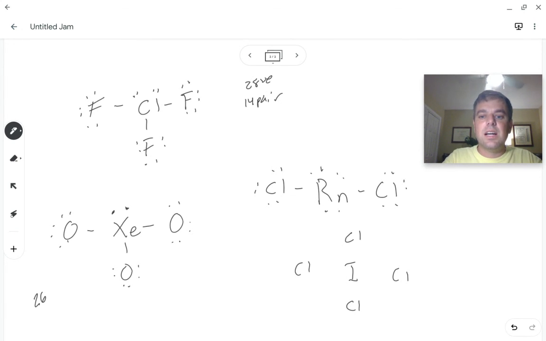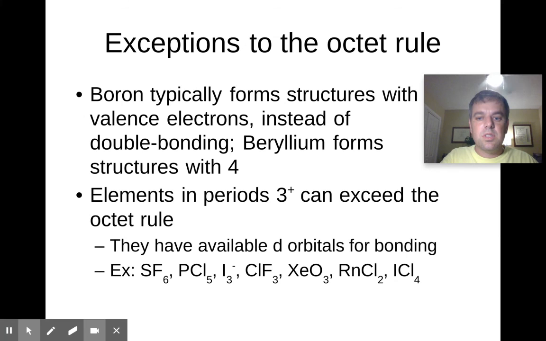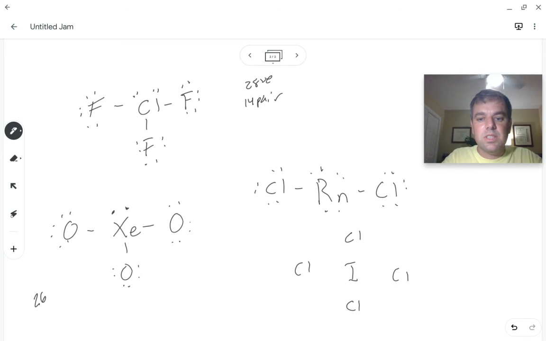And then for iodine tetrachloride, this one gets really interesting. We've got 35 electrons. So if we look at pairs, that's not an even number. That's 17 and a half pairs.